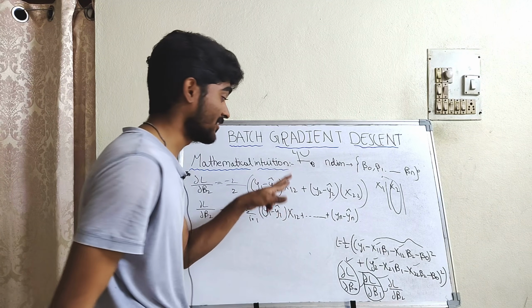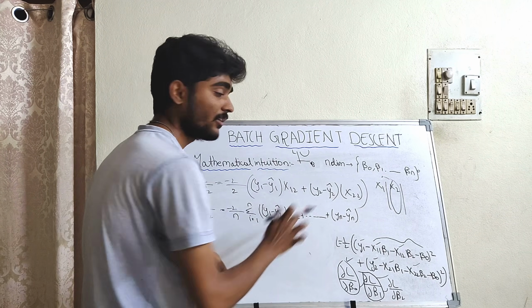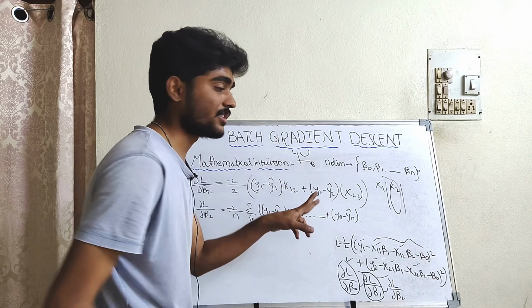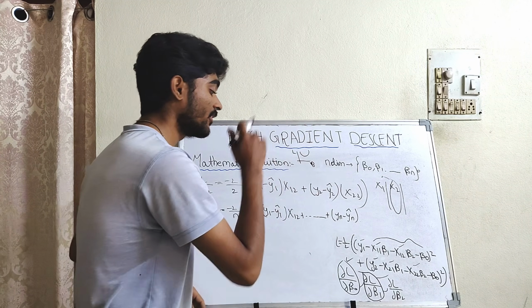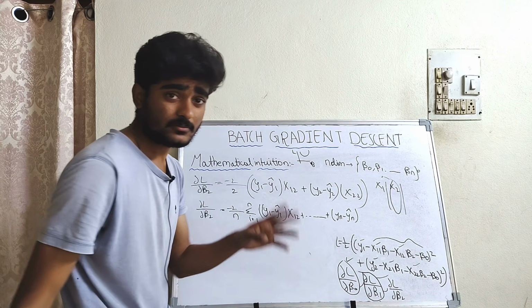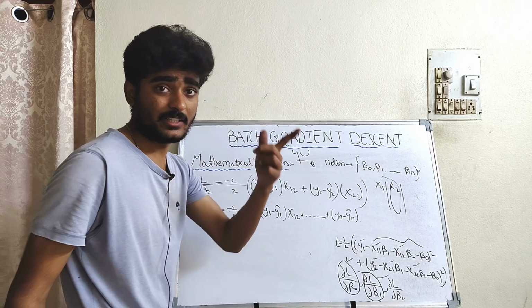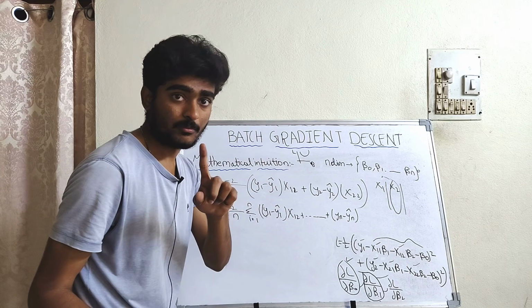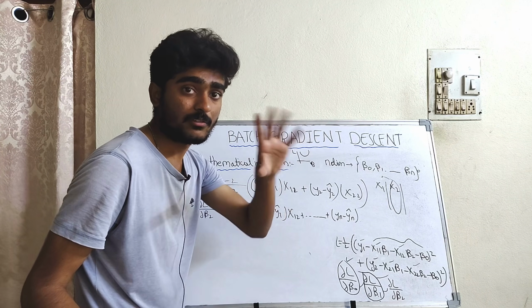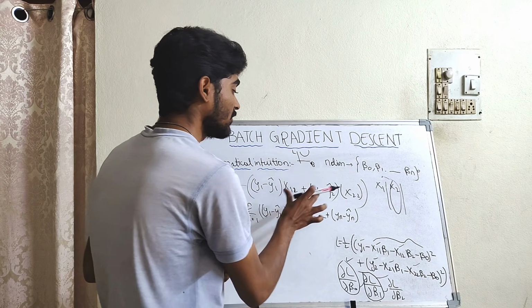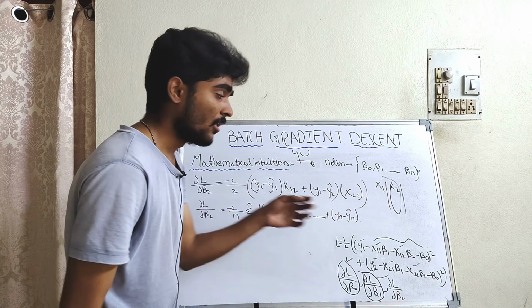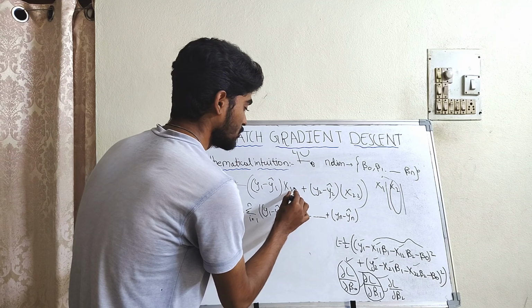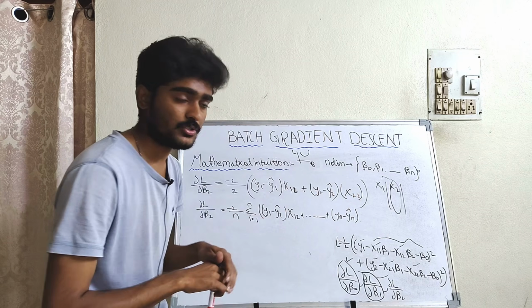In xij, i is varying, but j is constant, that is 2. Similarly, when you calculate for beta 1, in place of 2 you have 1, which corresponds to the first column of the data. For the second column, the j value is 2.